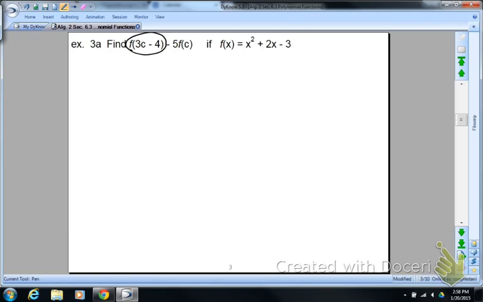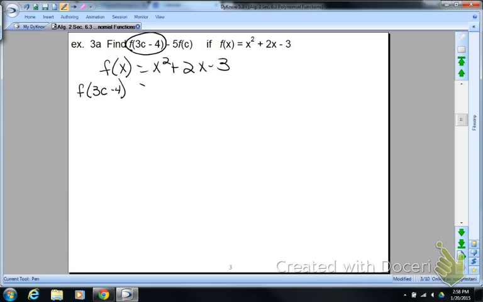Meaning, wherever we see x in our function, what are we going to replace x with? 3c minus 4. So the very first thing I'm going to do is write the function down again, and I am going to find the function of 3c minus 4.